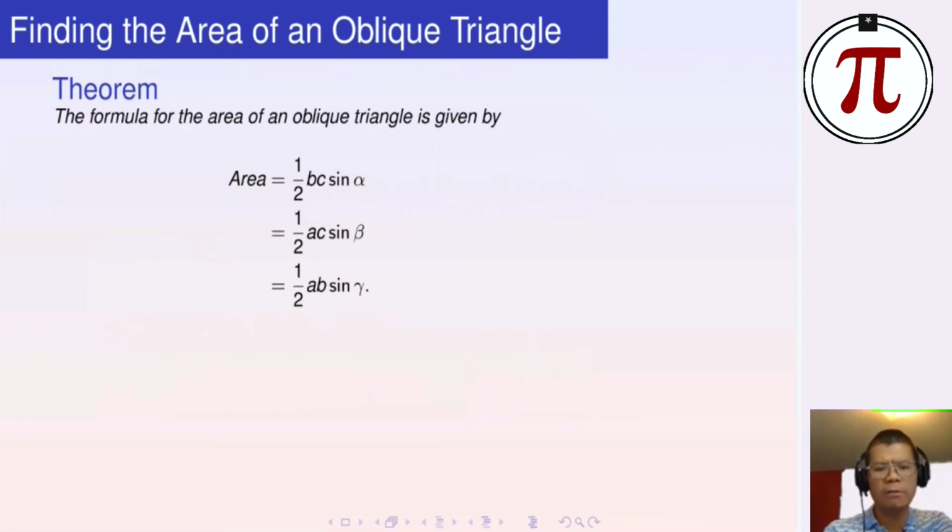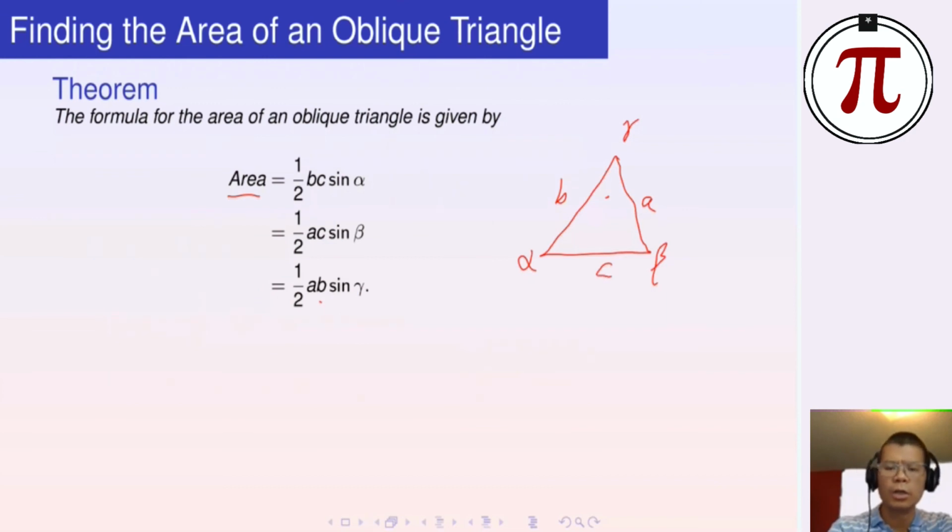Area equals 1/2 bc times sine alpha, ac times sine beta, and ab sine gamma. All right, so alpha, beta, gamma, a, b, and c.